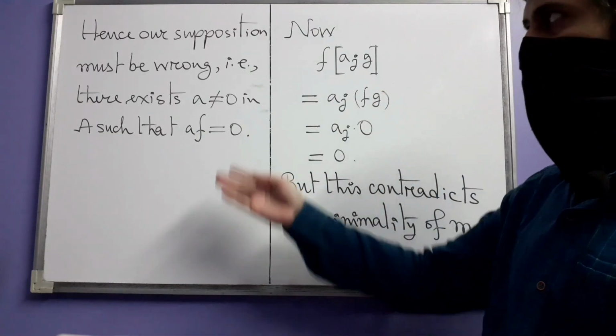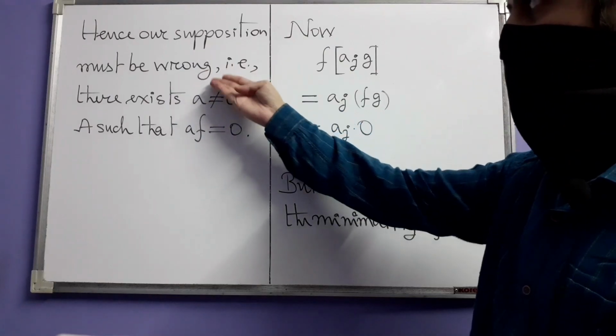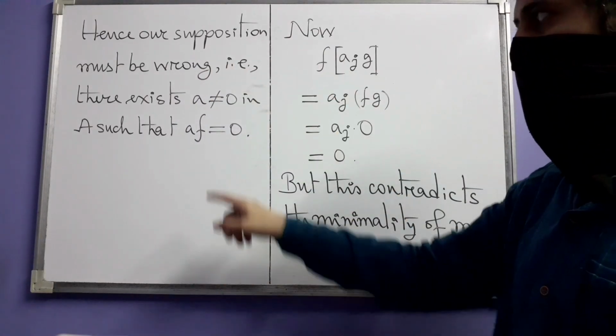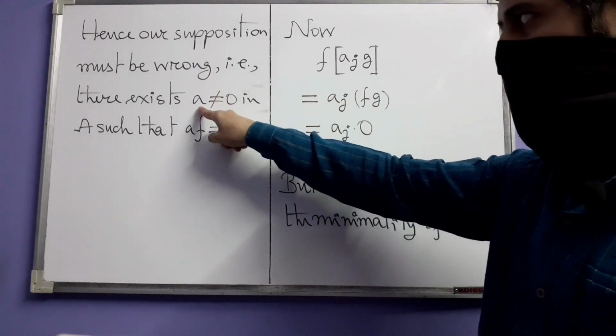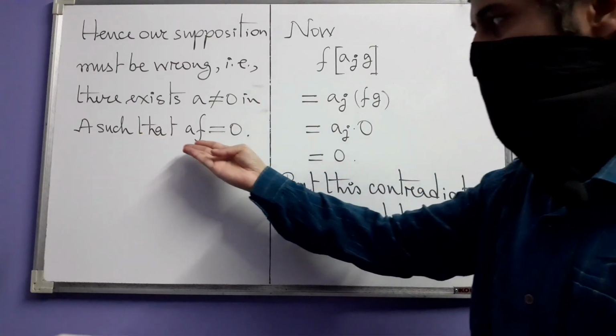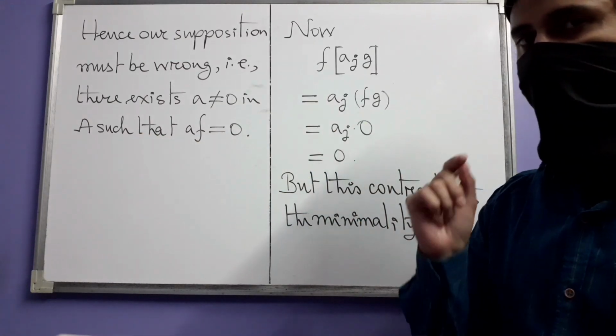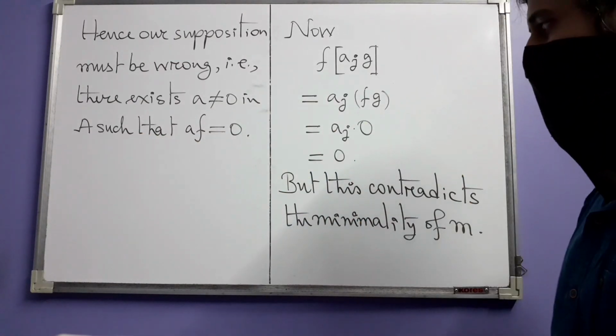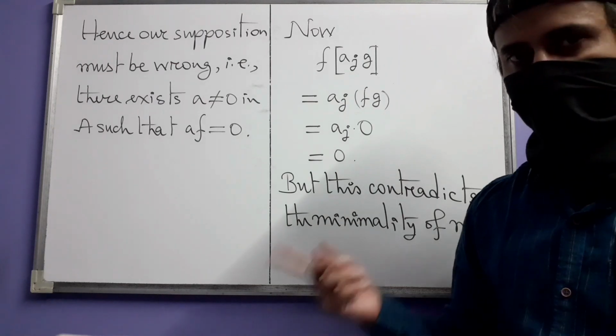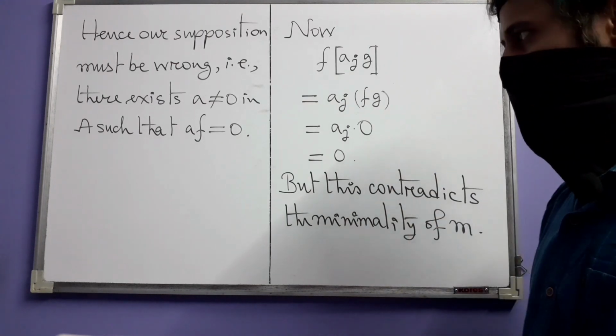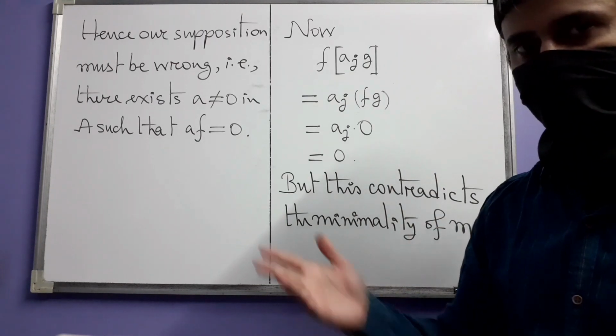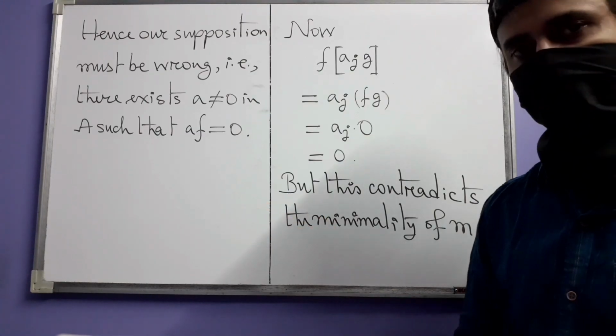So we conclude the proof like this. Hence our supposition must be wrong, i.e. there should exist a non-zero element a in the underlying ring such that af is equal to 0 if f is a zero divisor. After this, of course, we also have another part 4, but its proof is a little long, so we will do it in the next video.